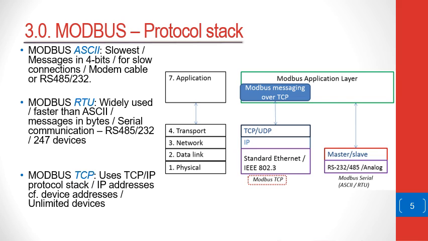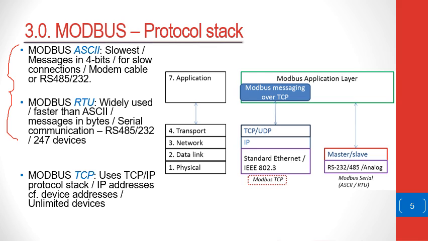And then a slightly faster version, which is the most common or widely used, is called Modbus RTU, which is twice as fast as Modbus ASCII, in the sense that it communicates a byte of information at a time, whereas Modbus ASCII communicates 4 bits at a time. It also uses RS485 and RS232. And both of these two earlier versions of Modbus are called Modbus serial.